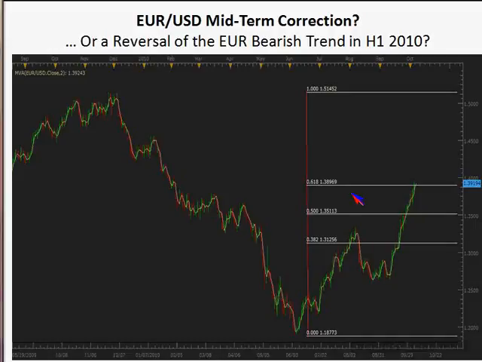But a move above the 61.8% retracement, to me, is a red flag also because it increases the odds for a larger price correction, and possibly not even just a larger price correction, but even a complete 100% retracement. Well, what would be that exact 100% retracement level? It would be the high from 2009 at $1.5141.